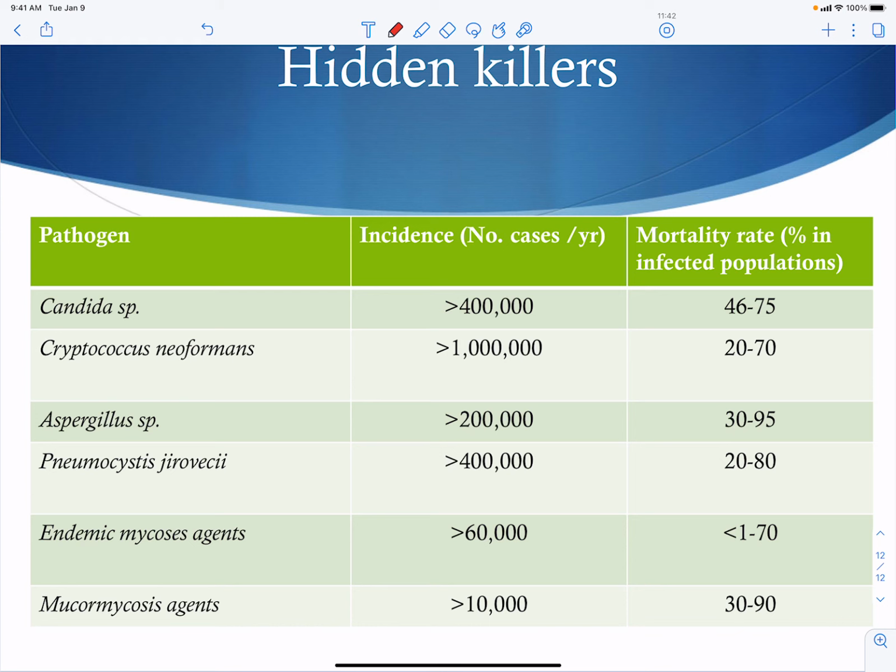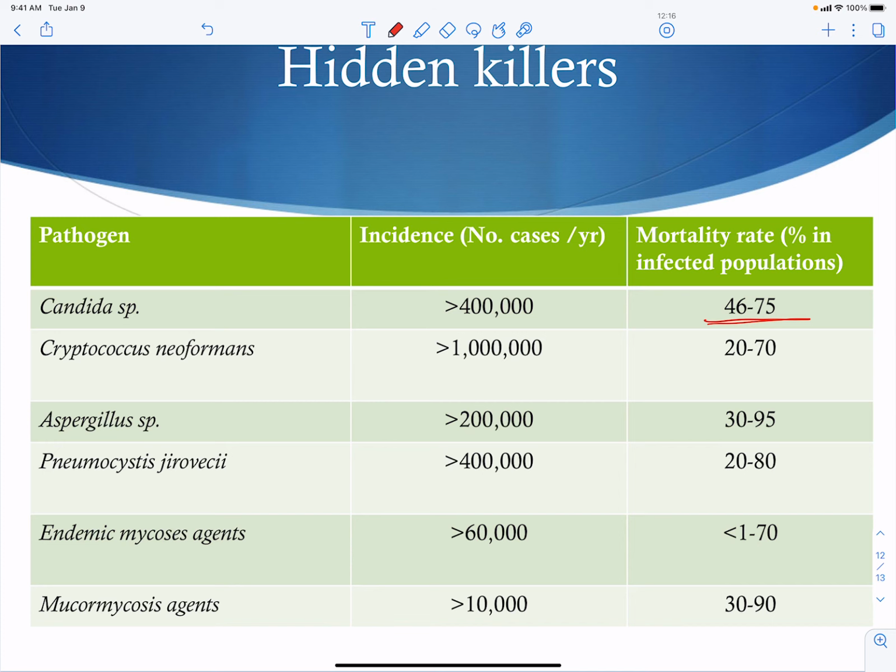Anybody who is immune compromised, or has some sort of disease that influences the ability of the immune response to function, is at risk from normal fungi in our environment. Candida is an important one we'll talk about, and Candida has a mortality rate of up to 75%. Again, these are in immune compromised individuals, so the death rate is pretty high.